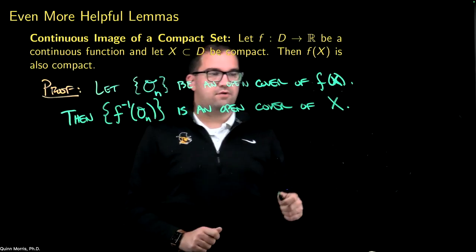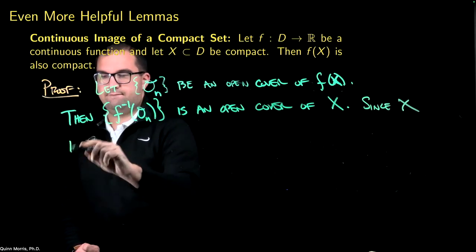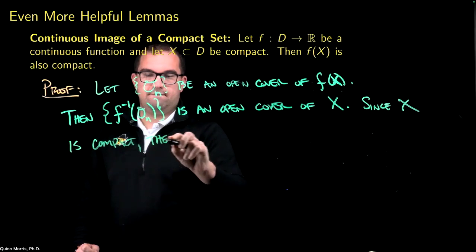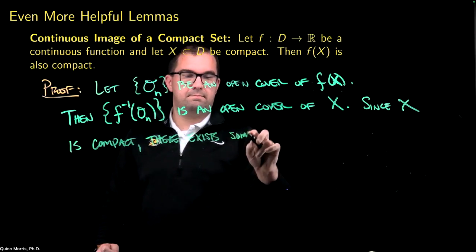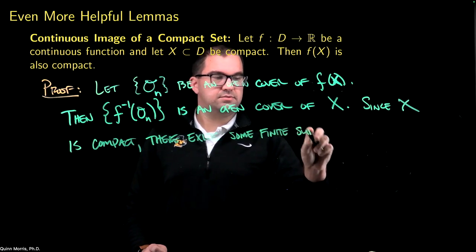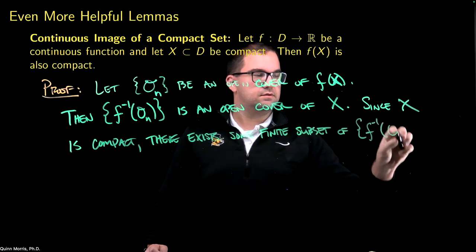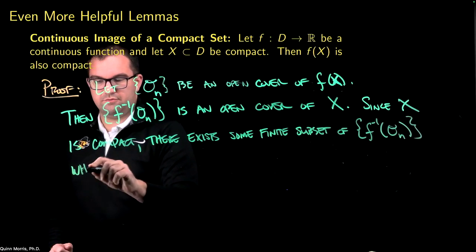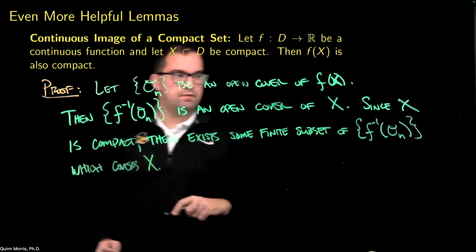All right, so I have an open cover here. Now, since X is compact, there exists some finite subset of these open sets which covers X. All right.